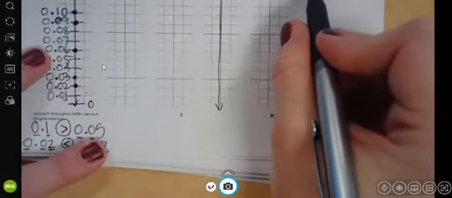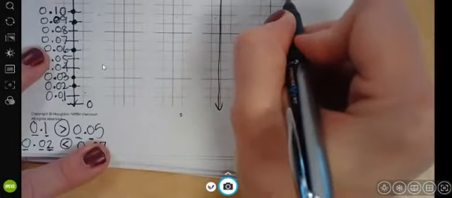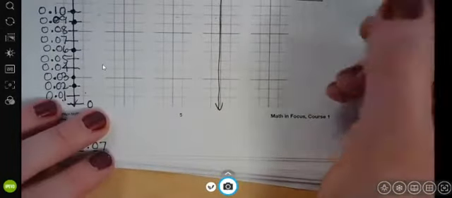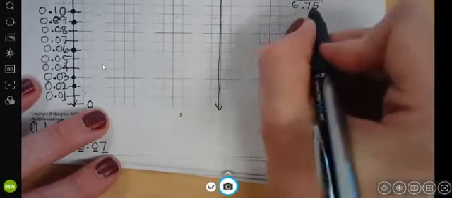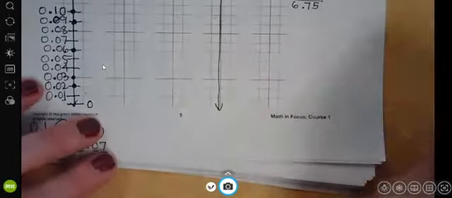Okay, so 7 and 5 tenths, and then intervals of 75 hundredths. So to write this out, I would need to add a placeholder 0 in the hundredths place to subtract that 75 hundredths. And you should get 6 and 75 hundredths. If you want to check it with addition, you can.